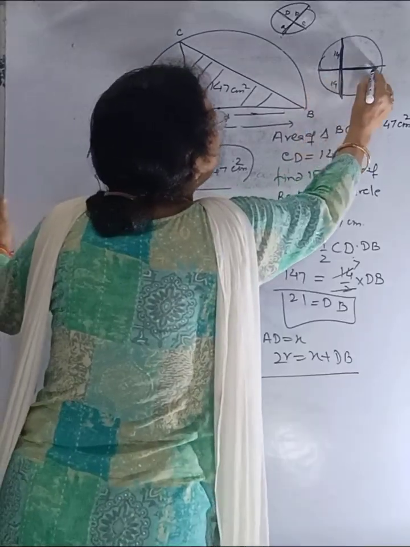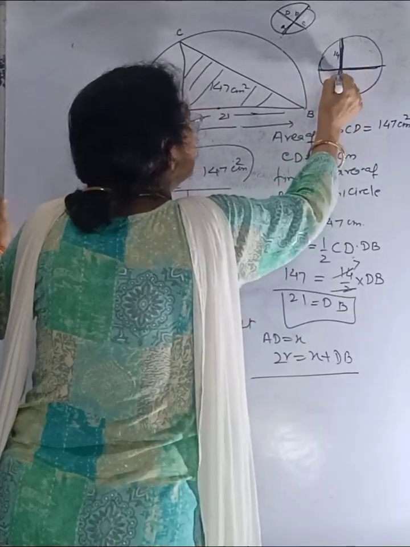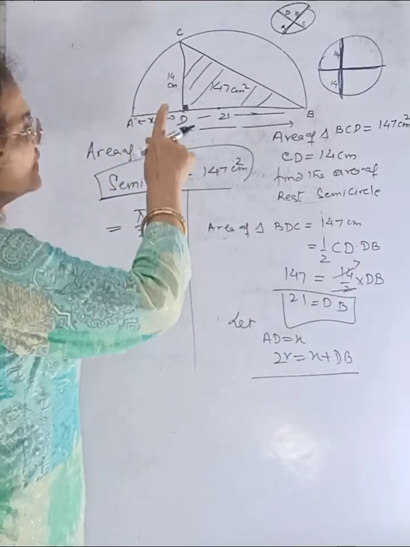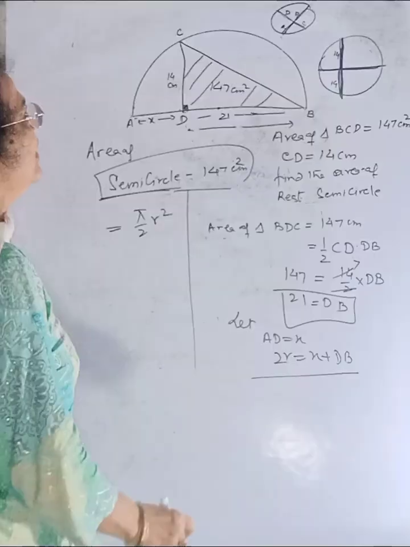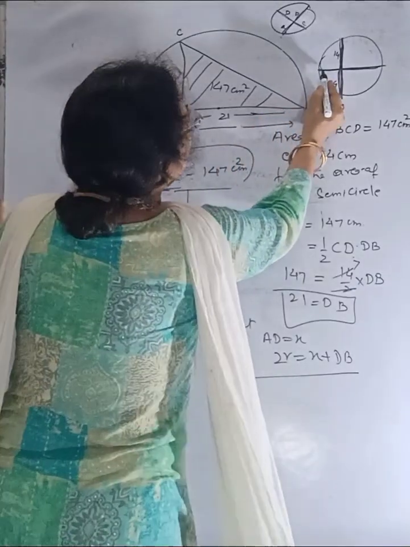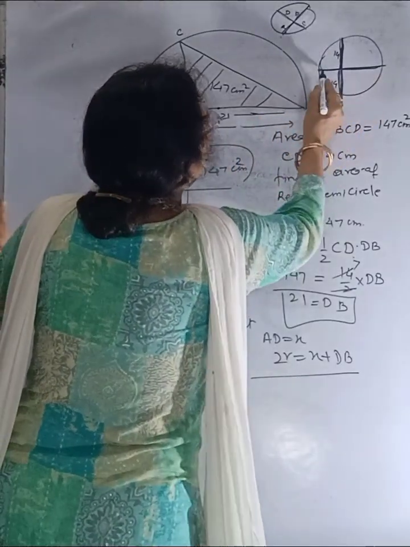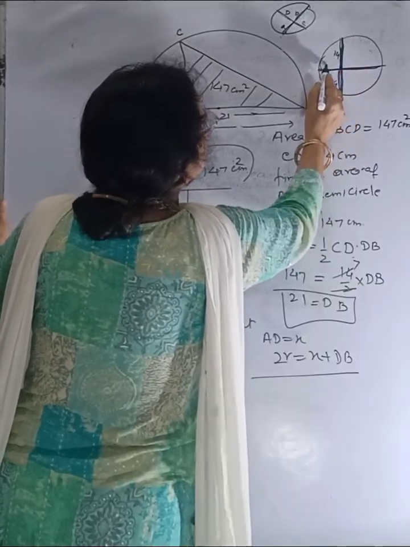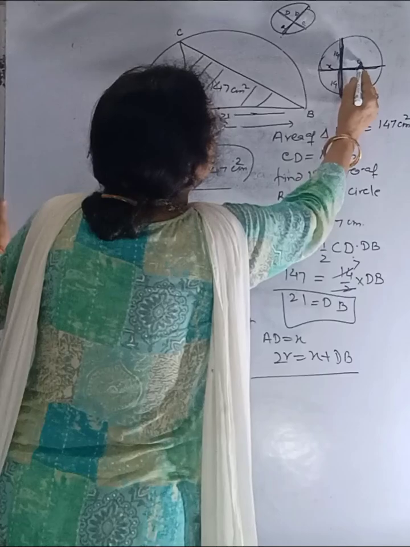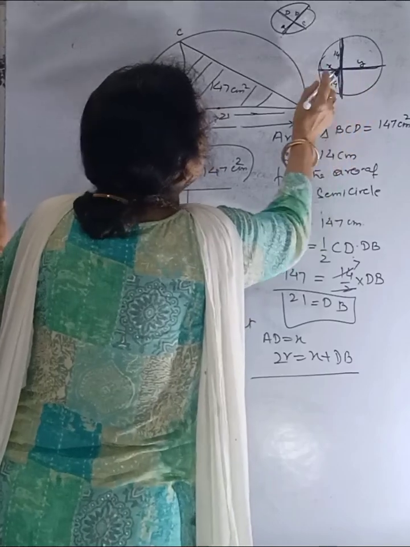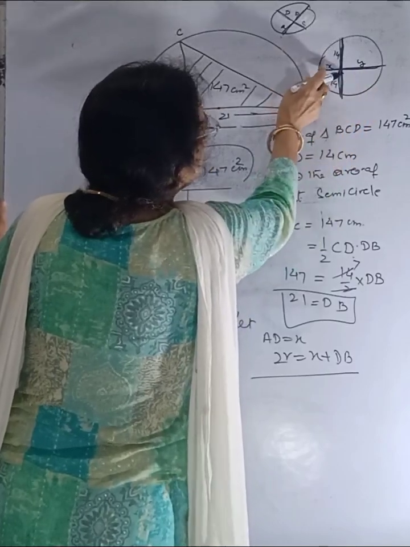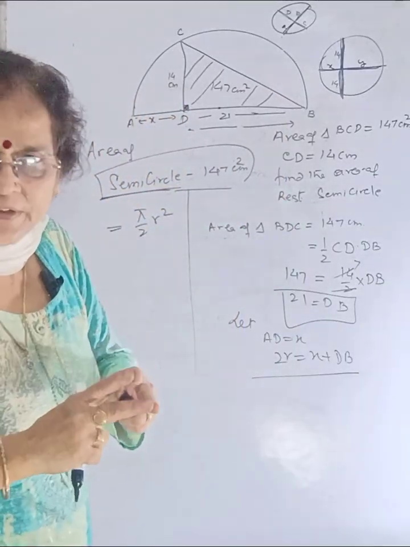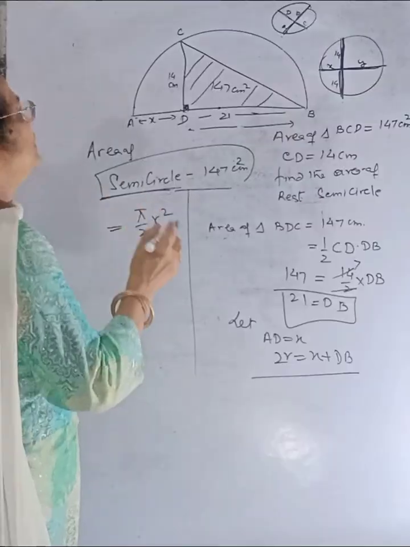This is the diameter. If it is 14, then this will also be equal to 14. The second theory is that the product of the segments of these two chords will be equal. If this is x and this is y, then x into y will be equal to 14 into 14. Two theories are applicable here.